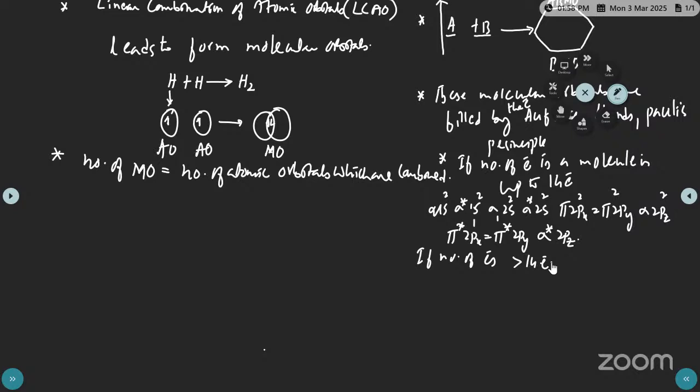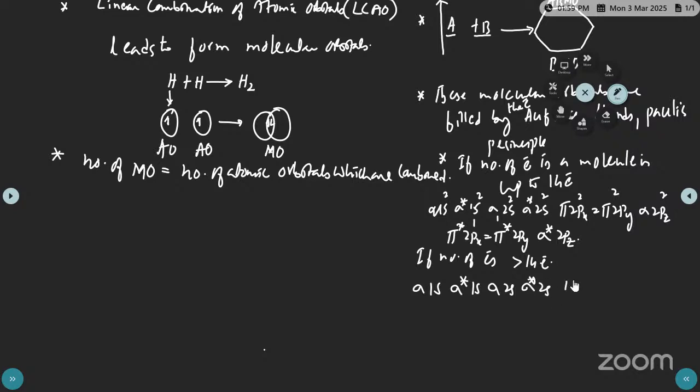Up to this, the energy order of the molecule is the same, and the molecular orbital energy varies only here. That is sigma 1s, sigma star 1s, sigma 2s, sigma star 2s. Okay?